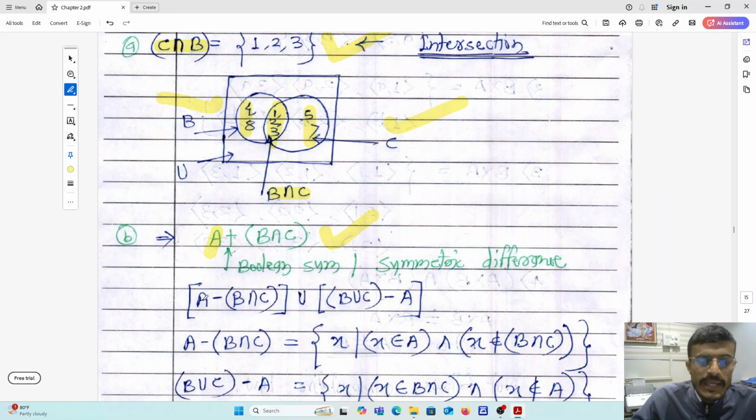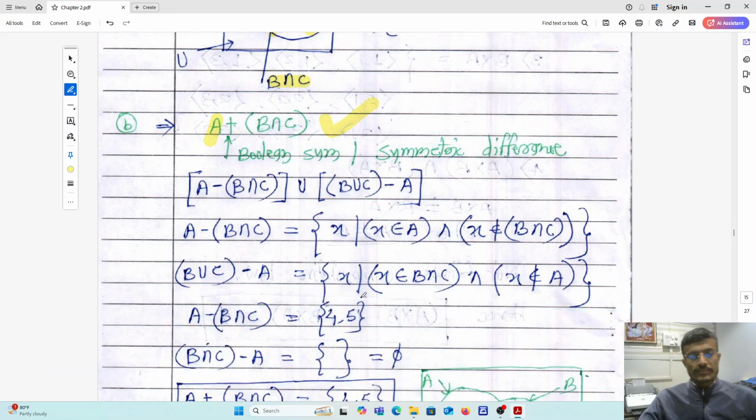So basically it will be A minus (B intersection C) union (B intersection C) minus A. We have to find A minus (B intersection C), which is nothing but X such that X belongs to A and X does not belong to B intersection C. That is the relative complement.